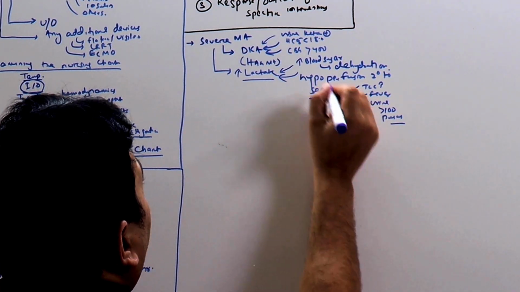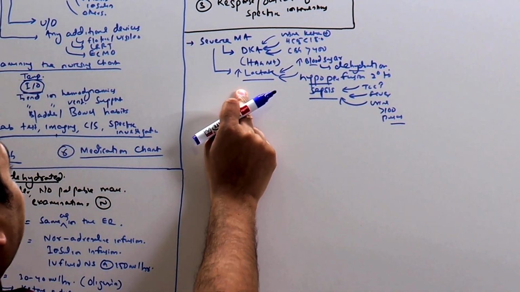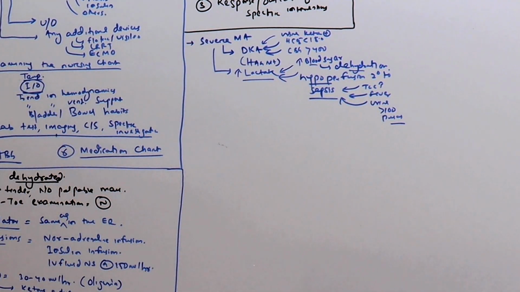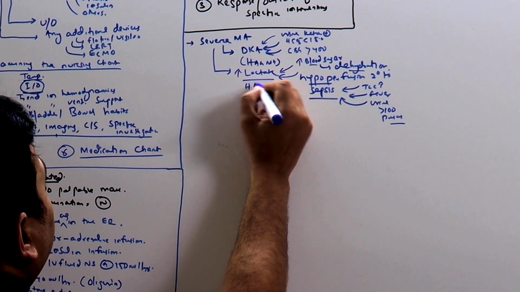So sepsis can cause hypoperfusion, blood sugar can cause dehydration, that can cause increase in lactate, producing a severe metabolic acidosis or high anion gap metabolic acidosis.